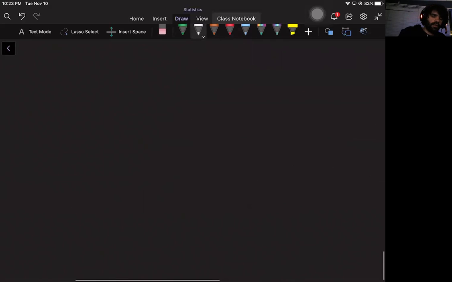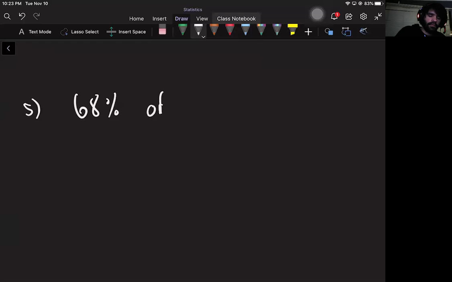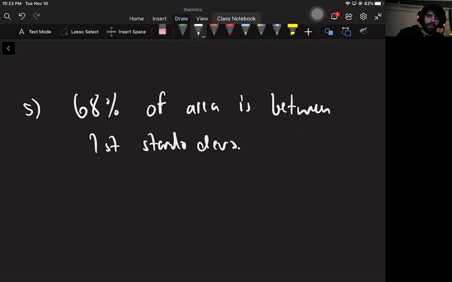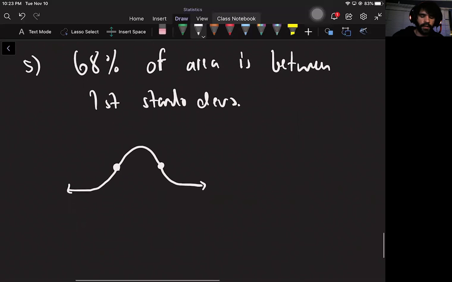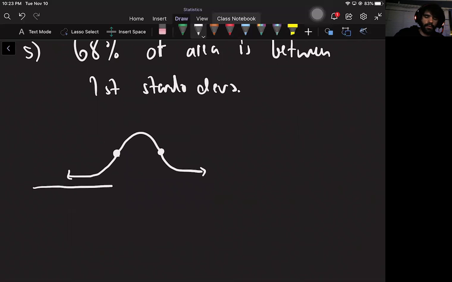So then the next properties are sort of commonly known facts that some people cite in statistics a lot. So 68% of the area is between the first standard deviations, meaning that I know where my first standard deviations are. They're where this graph inflects, where the curve inflects.